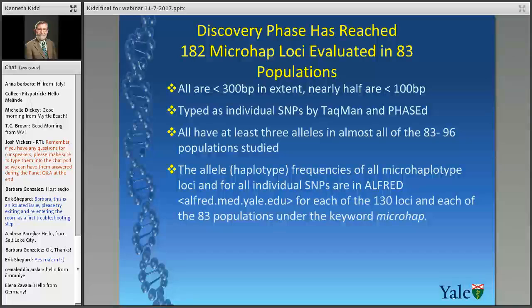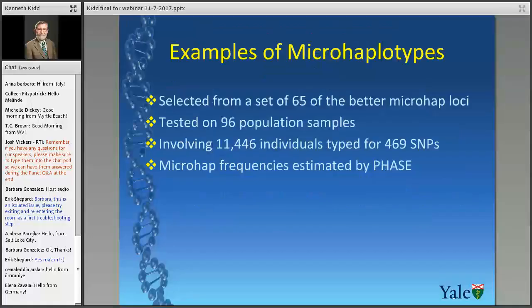And we've put all of those allele frequencies for the first 130 and some additional ones in ALFRED with the keyword microhaplotype, so they're easy for individuals to find.